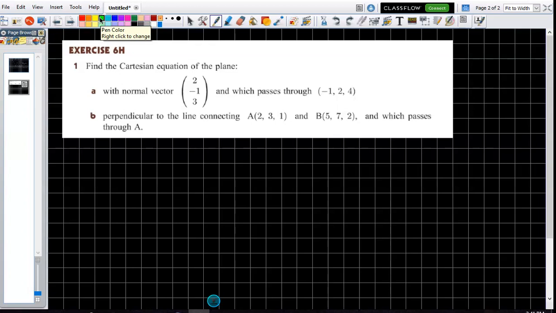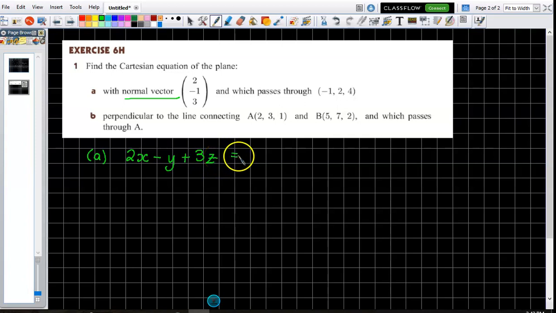All right, so as you can see here, part A, they tell you you've got your normal vector. Okay, they've got the point, so it's as simple as we say this will be 2x take 1y plus 3z, right?